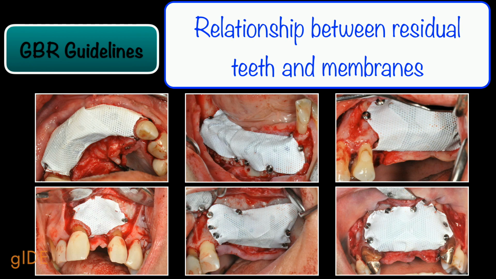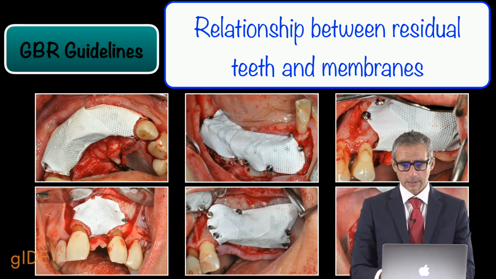For this we have to shape and fix the membrane in order to leave a thin portion of the residual bone around the last tooth adjacent to the defect, and allow the contact of the flap against this portion.